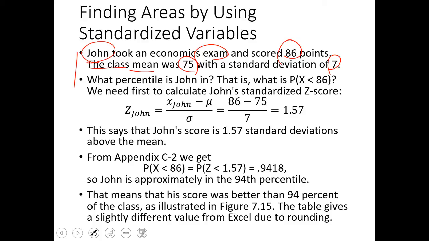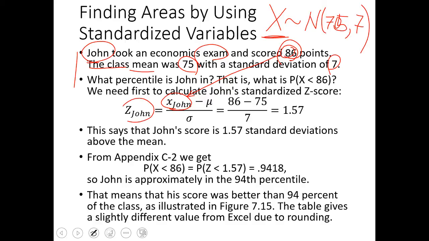We assume that X is John's score on the economics exam, and this exam score follows the normal distribution with 75 mean and 7 standard deviation. John's score is 86.